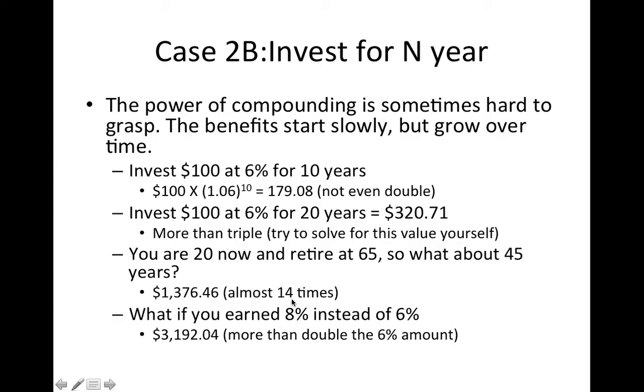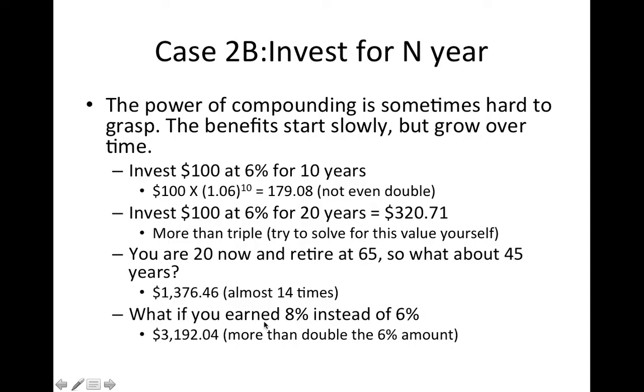Again, we could sit down and figure out that if I had gotten $6 a year over that period, that would be 6 times 45, which is 270. So pretty much $1,000 of this $1,300 value is now interest on interest. It's the compounding. Otherwise, you would not have wound up with that much money.